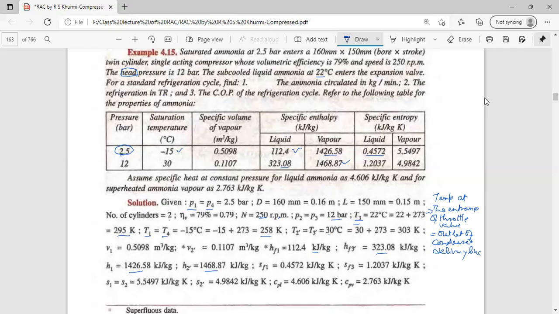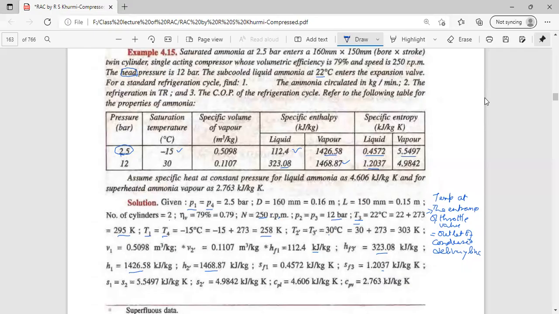sf1 means the fluid state at point 1, and sf3 is the entropy in the fluid state at point 3, at the outlet of the condenser, which at the higher temperature is 1.203. S1 is equal to S2, the entropy at the inlet of the compressor in vapor state, that is the vapor entropy, 5.5497.